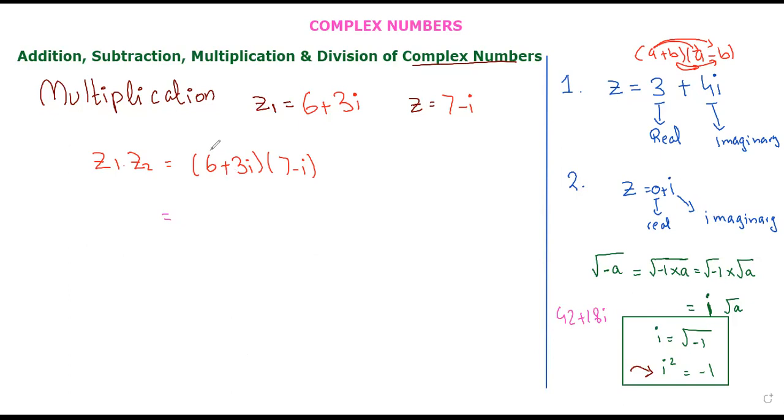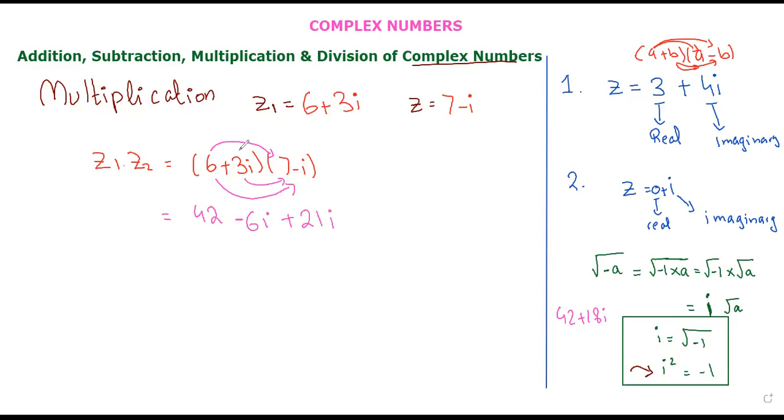So how do we do it? We have to multiply this number with this number. What is 6 into 7? It is 42. Then 6 into minus iota is minus 6 iota. Then 3 iota with 7 would be plus 21 iota.